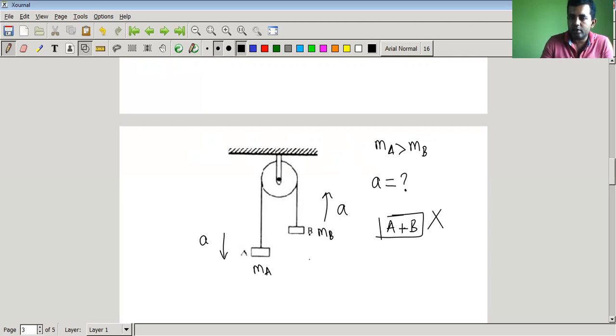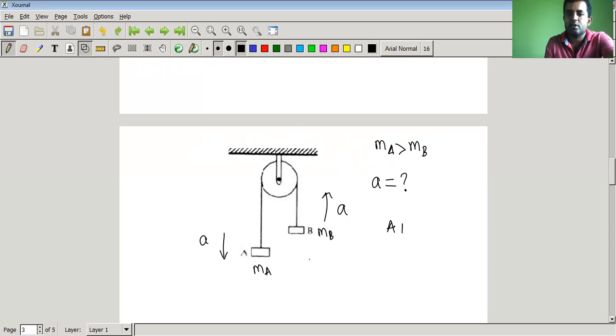Now acceleration is a vector quantity. It has both magnitude and direction. So it turns out that A and B have the same acceleration in magnitude, but the direction is different. So A plus B cannot be considered as a system here, right? So we have to deal with A and B separately.